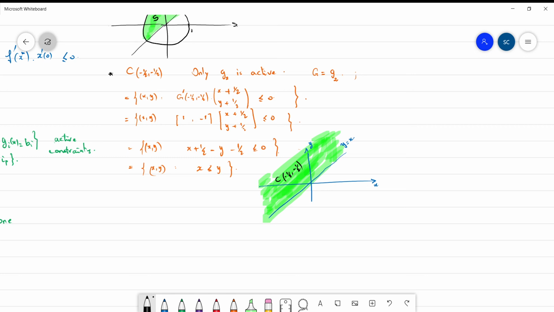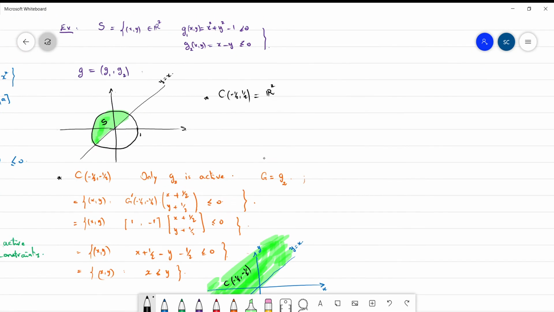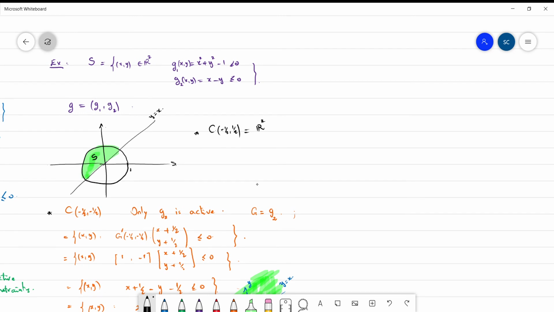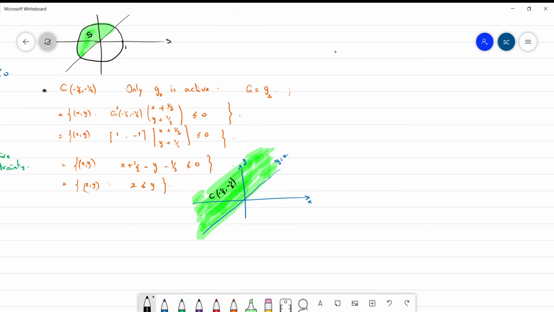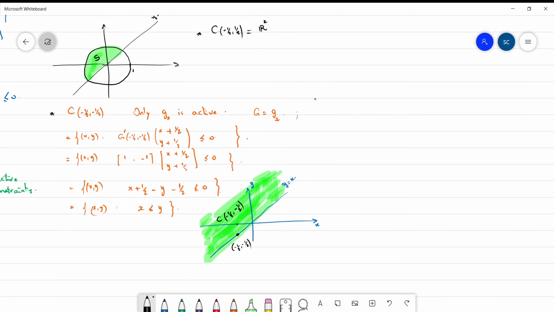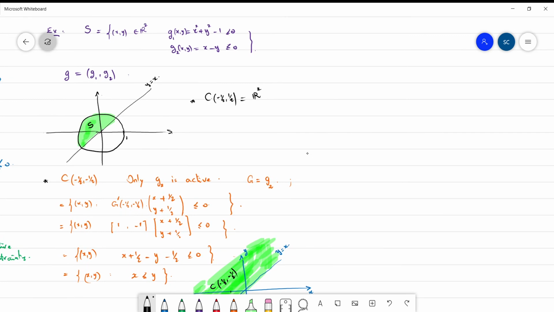This is all the directions we will use. For the point (-1/2, 1/2), it was this point, an interior point, so all the possible directions were this one.